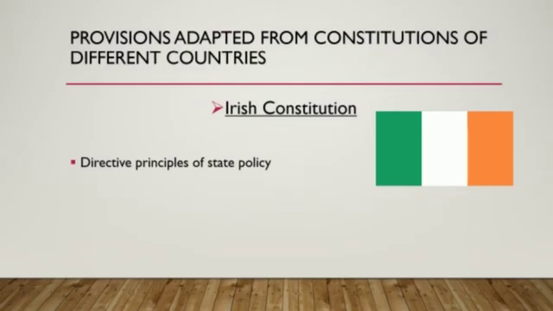In a simple way, directive principles of state policy are guidelines which should be followed by the government while making laws for people.